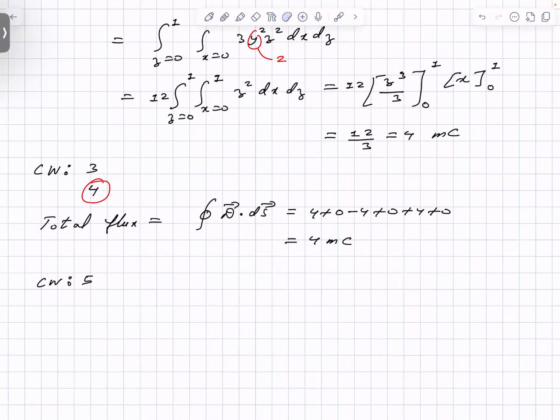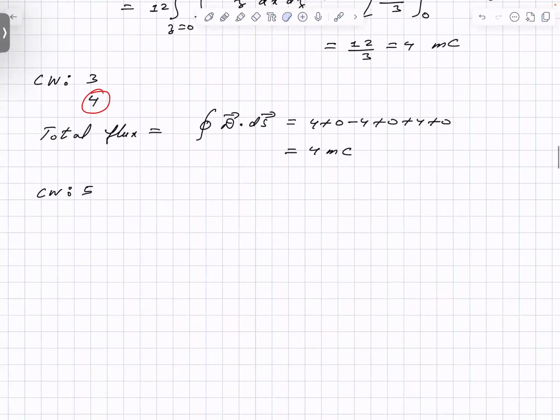So there is an easier way to solve this problem, and that is through the use of something called the divergence theorem. And that is what we're going to learn next.